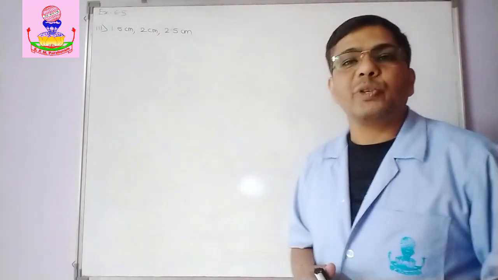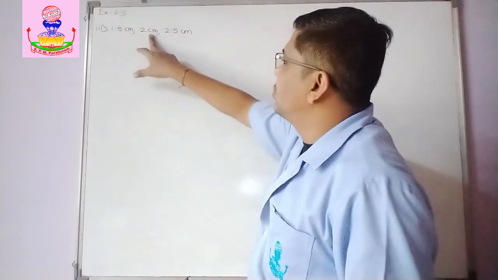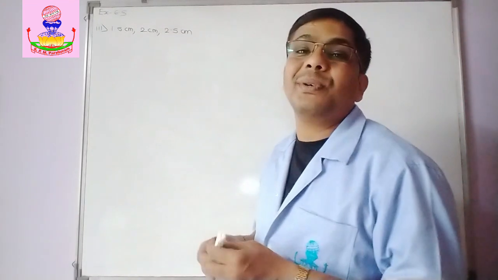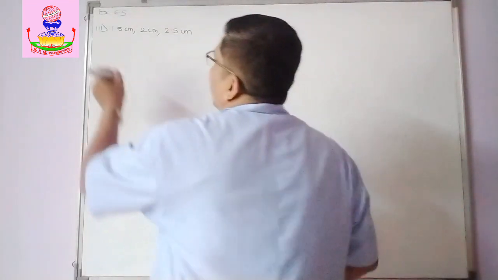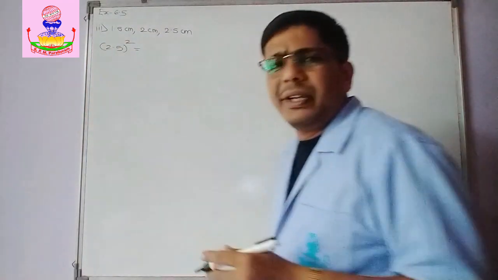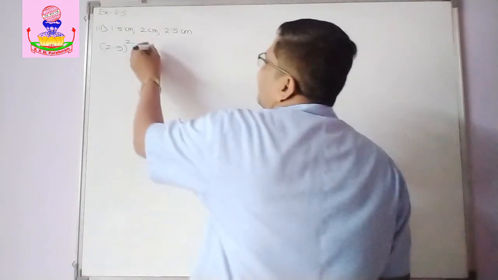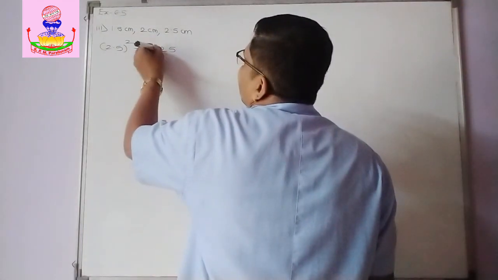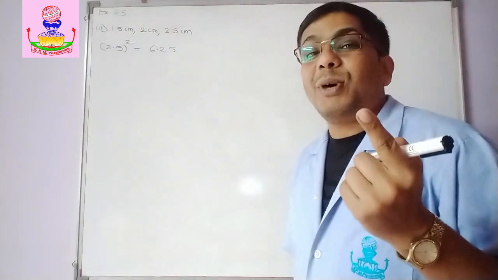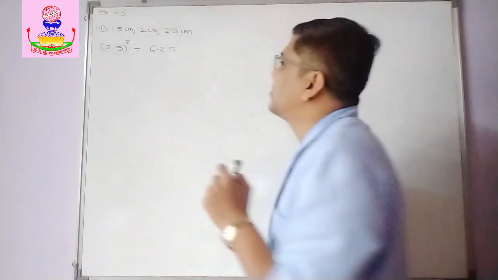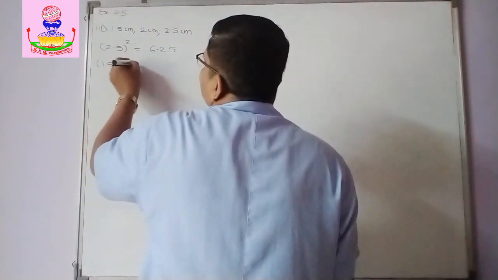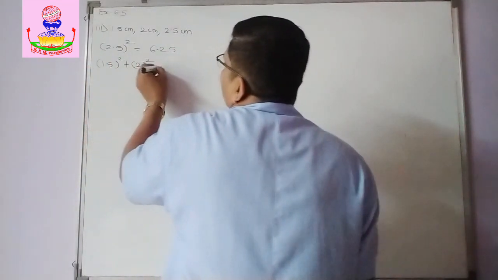Now this is the third example from question number 4: 1.5, 2 and 2.5. Which is the longest side? Yes, 2.5. So let us find its square first. So 2.5 square. Now we know 25 square is 625, so here the answer is going to be 6.25. Now the sum of the squares of the remaining two sides. So 1.5 whole square plus 2 square.